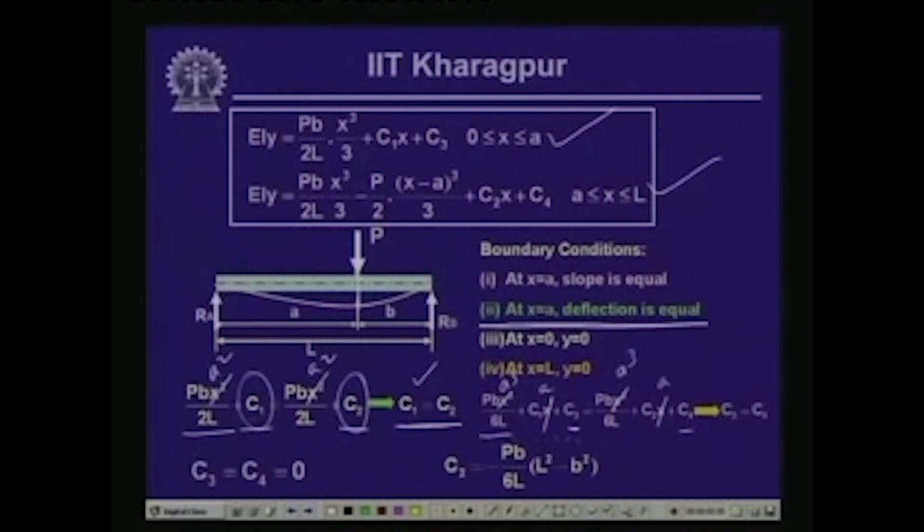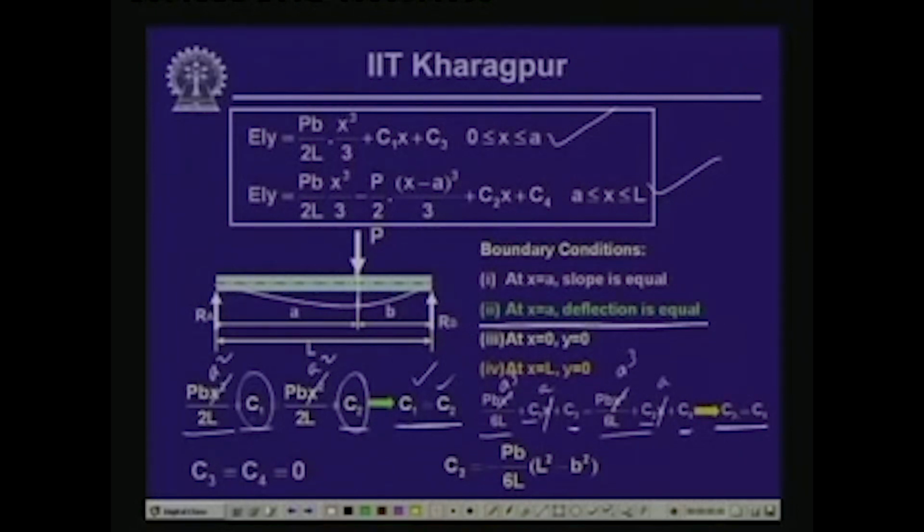Now, these two terms being identical, that gets cancelled. C3 is equal to C4 and C1 equals C2 we have already seen earlier, so this C1a and C2a also get cancelled. So, this gives us C3 is equal to C4.